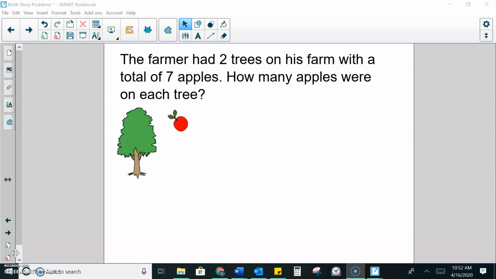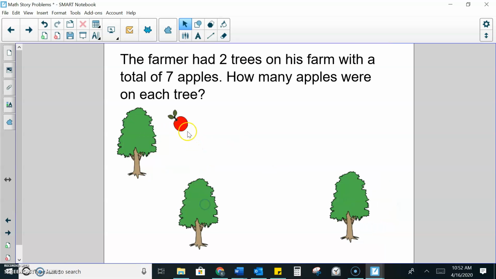So, are we ready? So the farmer had 2 trees on his farm with a total of 7 apples. So I'm going to get 2 trees, right? And then there's 7 apples. 1, 2, 3. I'm going to put these apples on this tree.